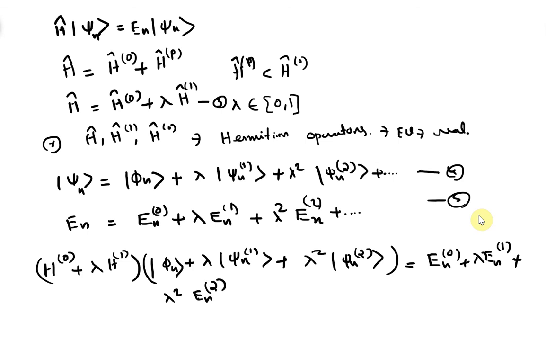These are nothing but scalar numbers, nothing to worry about that. And the state coming, that is exactly the same thing: phi n plus lambda psi n 1 plus lambda square psi n 2.